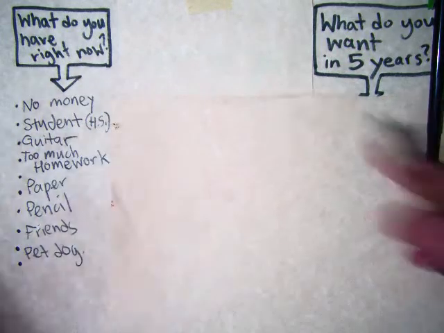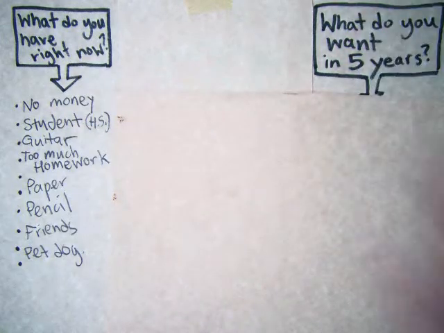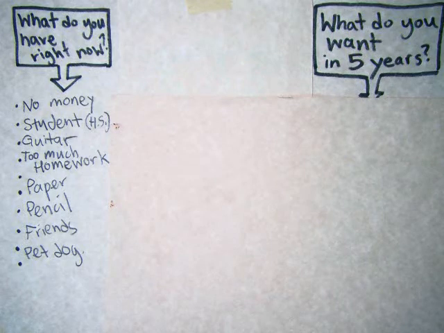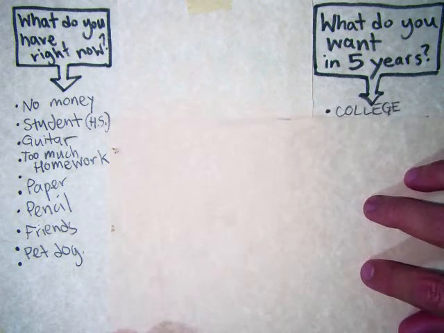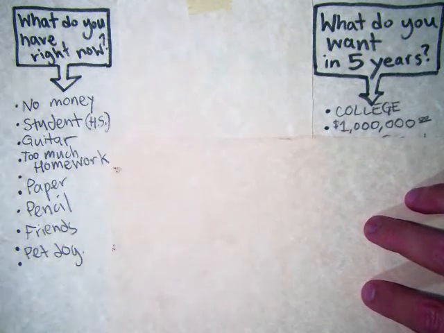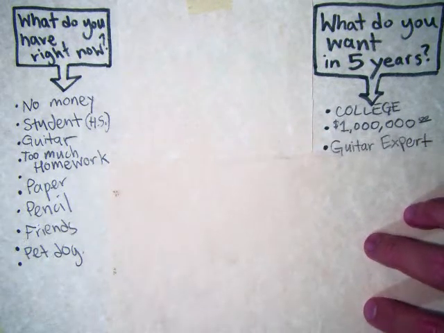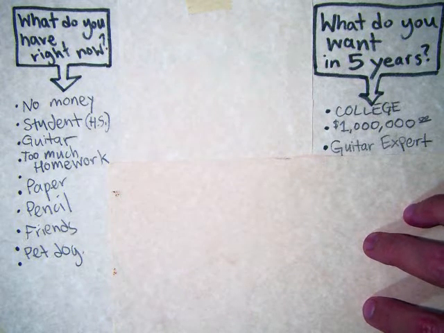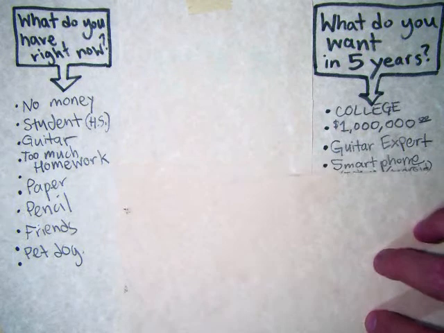Okay. And so on the other side, now that you've thought about that, try and think of things you want or things you want to do in 5 years. Maybe you want to go to college. $1 million. Since you have a guitar, maybe you want to go all the way and go pro.